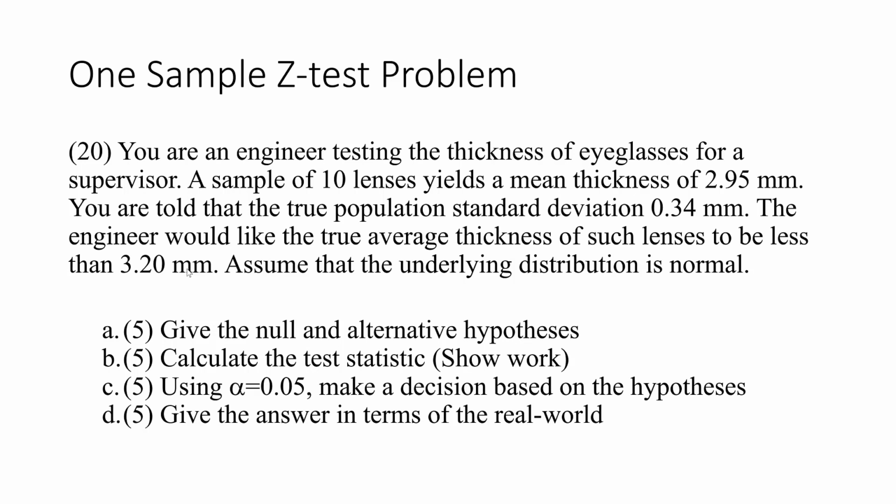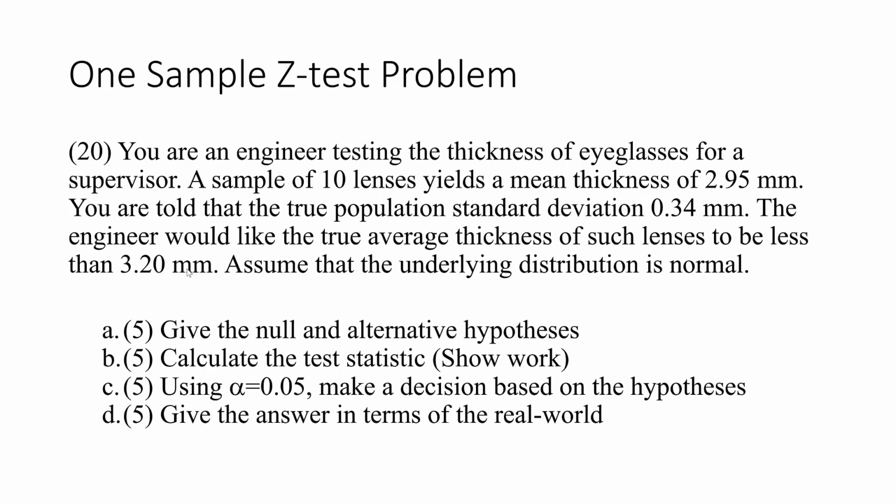Now, let's look at what the questions are asking. You have 4 parts here, and this is your typical hypothesis test type question. First, it wants you to give the null and alternative hypothesis. Then it wants you to calculate the Z test statistic, and show your work. And then finally, using alpha equal to 0.05, it wants you to make a decision based on the hypotheses.